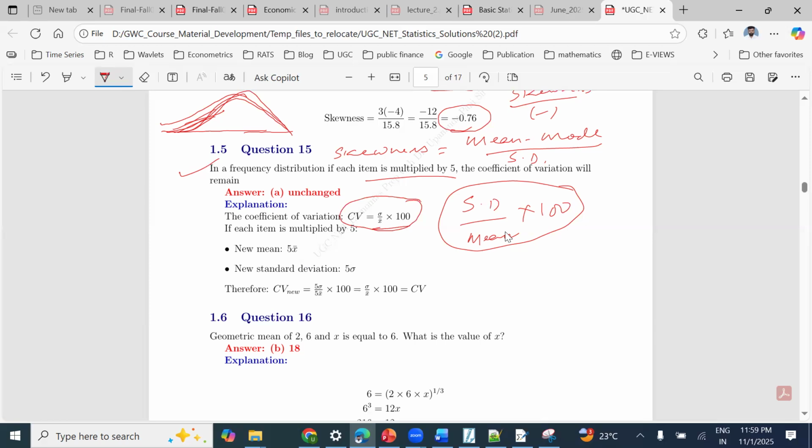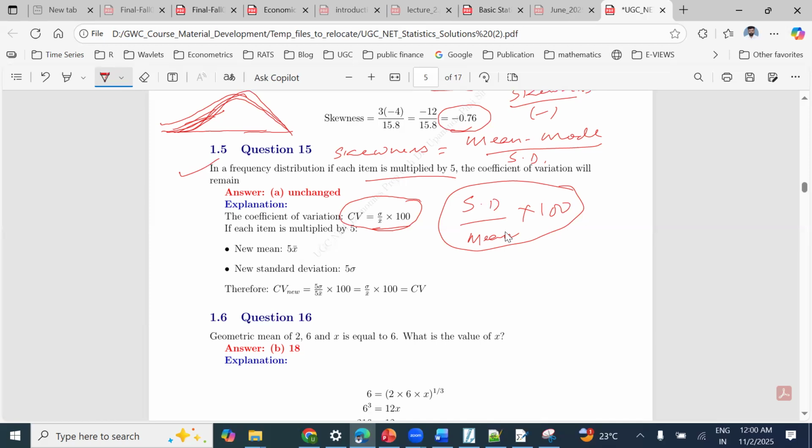Is it clear? When we use relative measures of dispersion, there are two series for which we have calculated the coefficient of variation, and we want to check which series is more variable compared to the other.